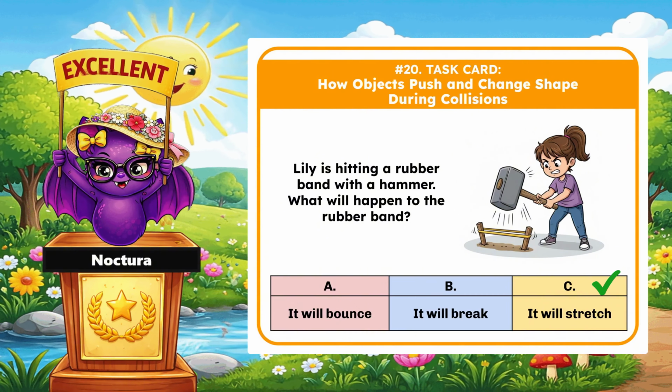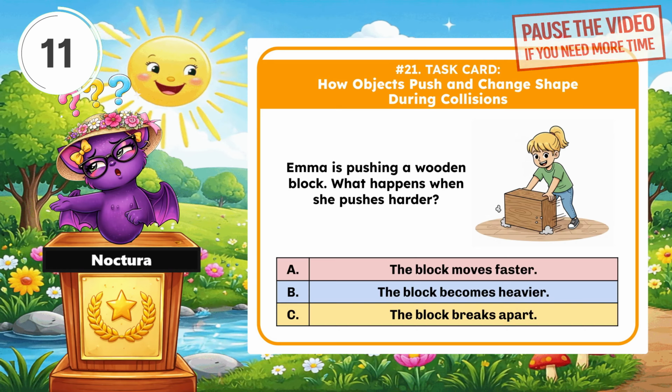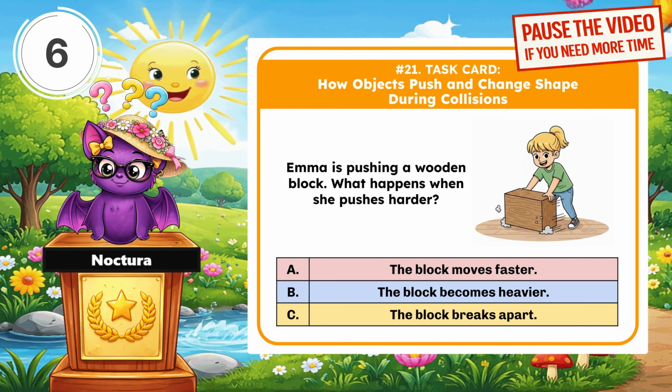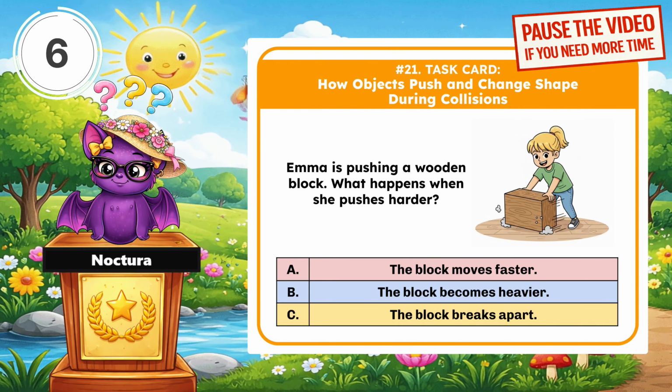Emma is pushing a wooden block. What happens when she pushes harder? And the correct answer is letter A. The block moves faster.